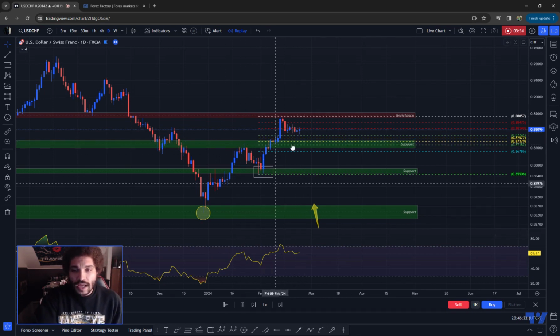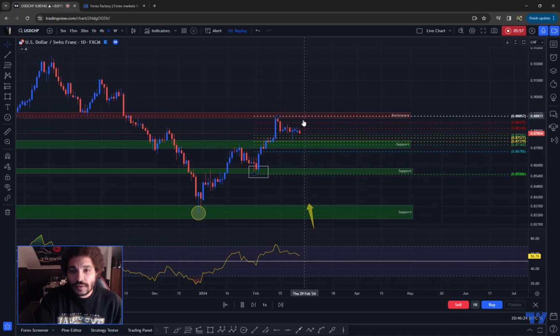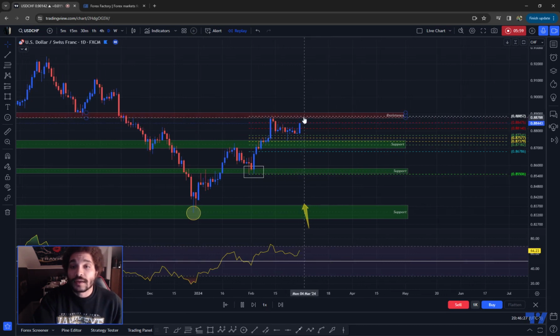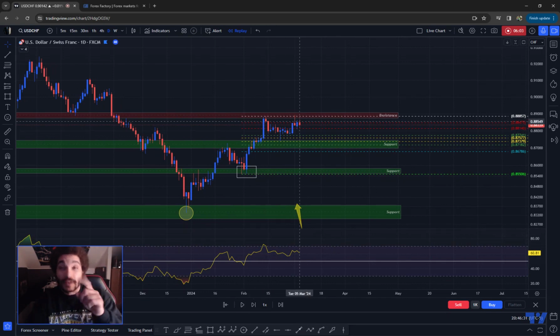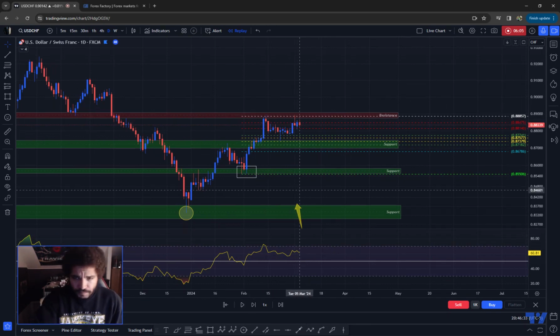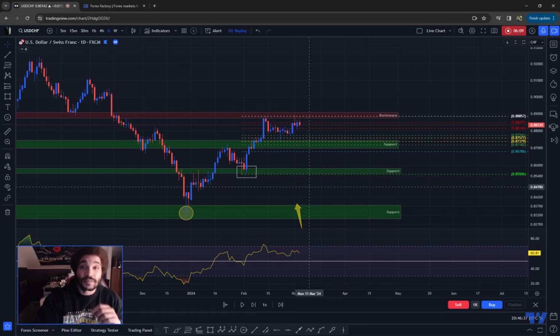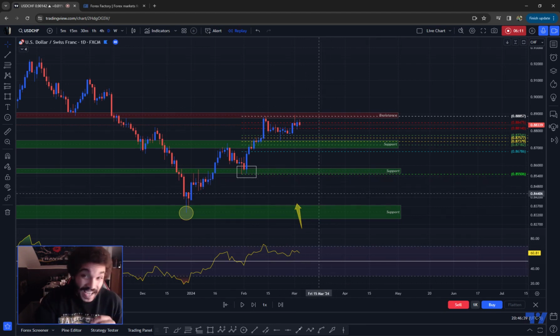Now we have price coming up, getting ready to break this resistance, but it's unable to, because fundamentally what happens here is that we end up getting a hot read for CPI on CHF.